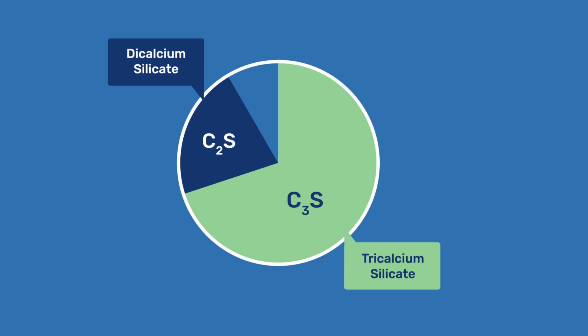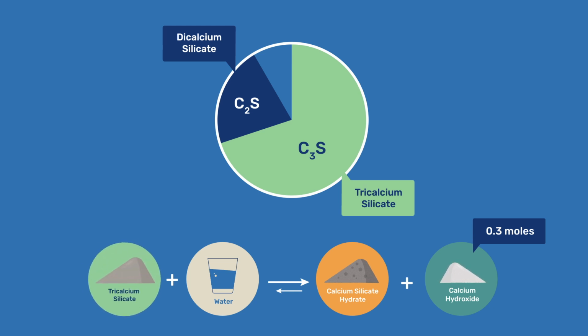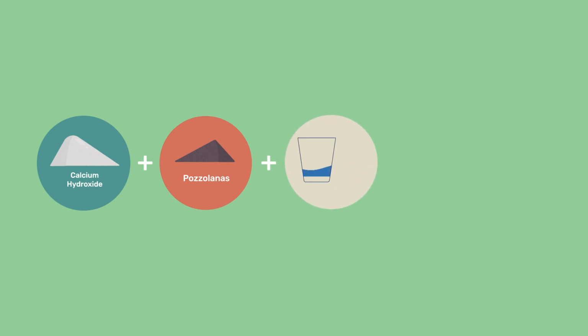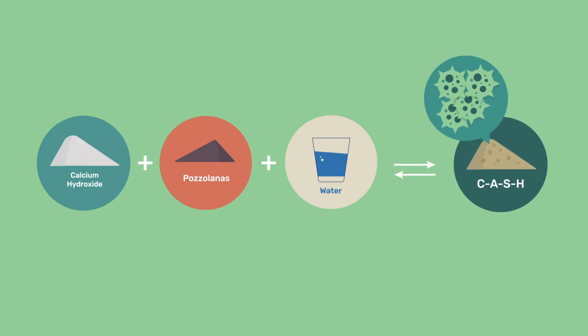C2S not only has a much lower abundance, but is not favorable towards pozzolanic reactions, as the amount of CH produced is much lower, 0.3 moles per mole of C2S, as opposed to 1.3 moles per mole of C3S. Having said this, we note that the pozzolanic reaction more generally leads to a C-S-H composition incorporating fair amounts of aluminum and noted C-A-S-H.